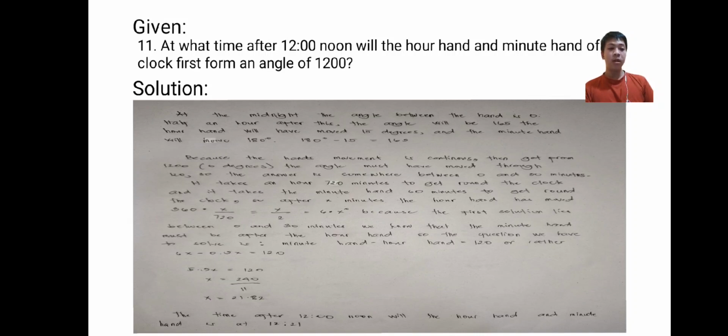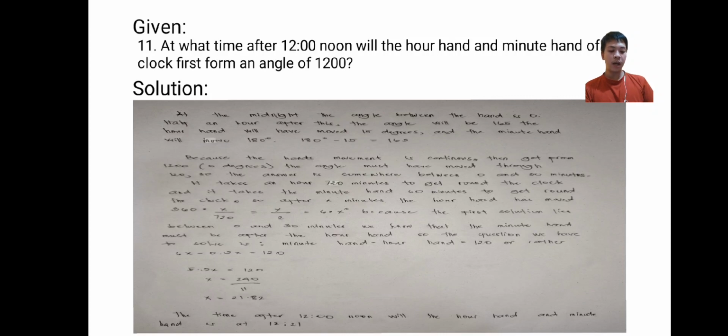It takes 12 hours for the hour hand to get round the clock, and it takes the minute hand 60 minutes to get round the clock. So, after x minutes, the hour hand has moved x over 2 degrees, and the minute hand has moved 6 times x degrees.